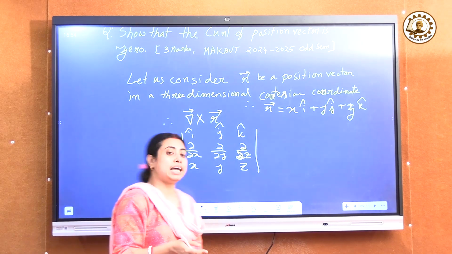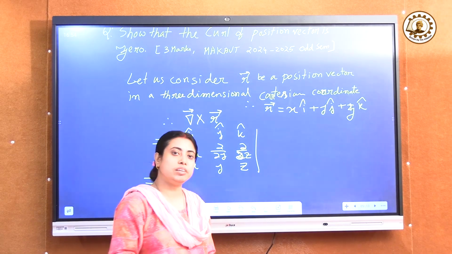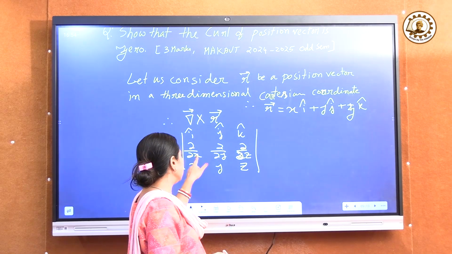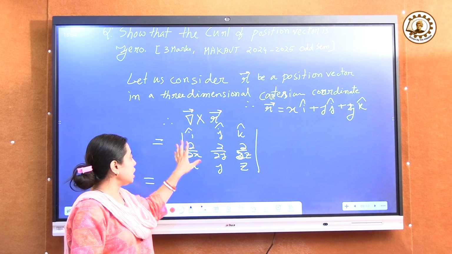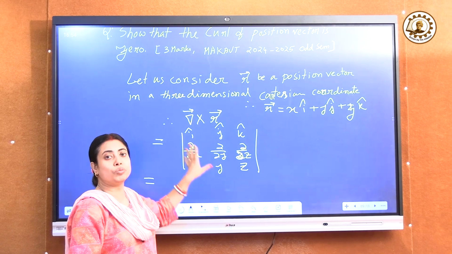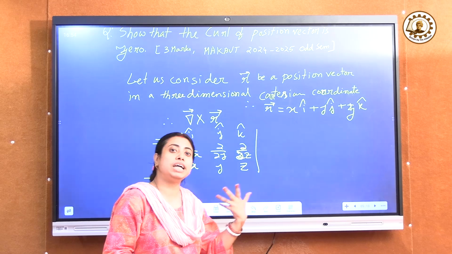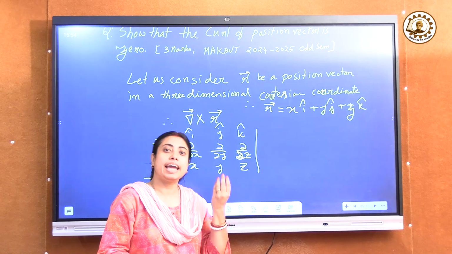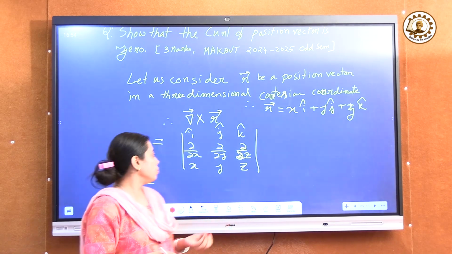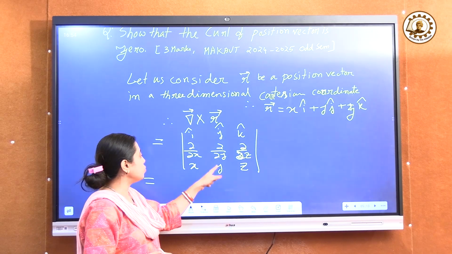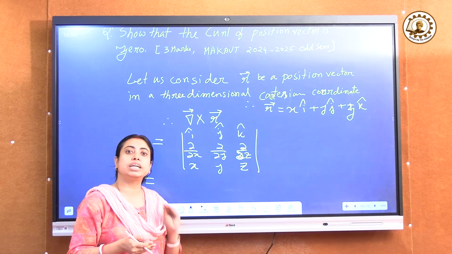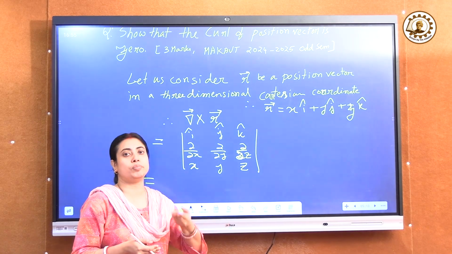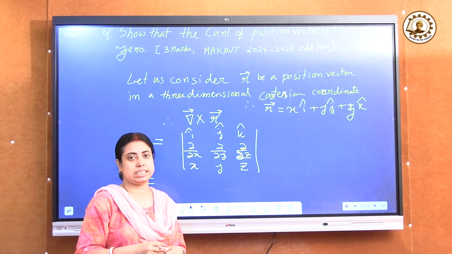Now you know that if I am taking the partial derivative of a quantity, suppose this is del x, then I can take the derivative of a term only if that term has an x-related term. If you have any term which does not have the x component, then it cannot be differentiated with respect to x.